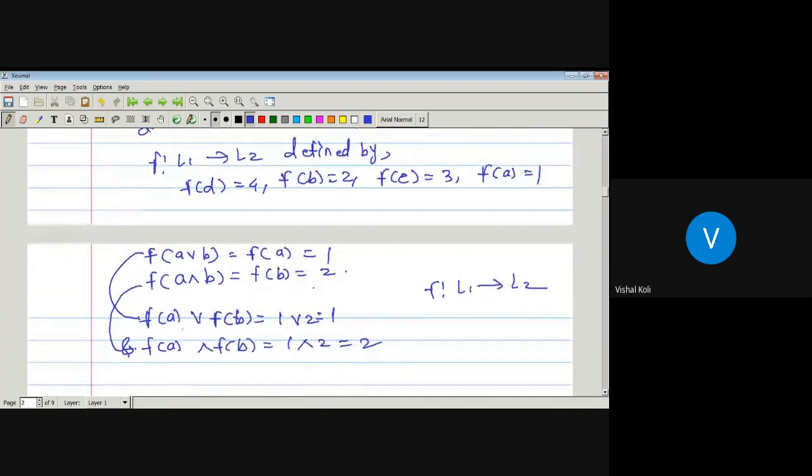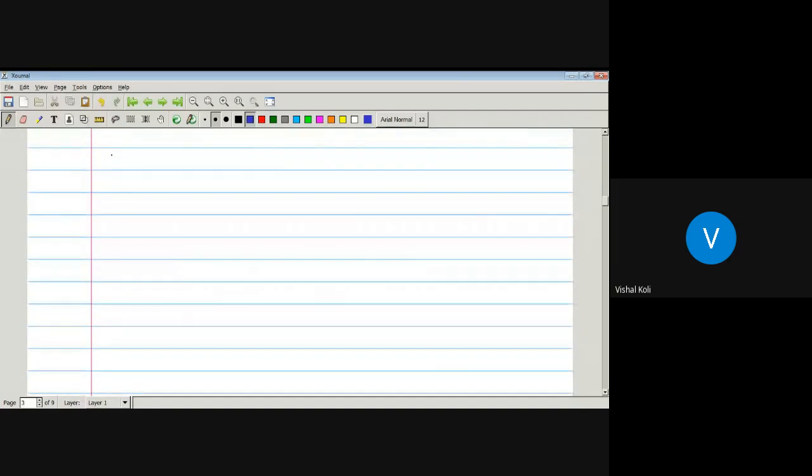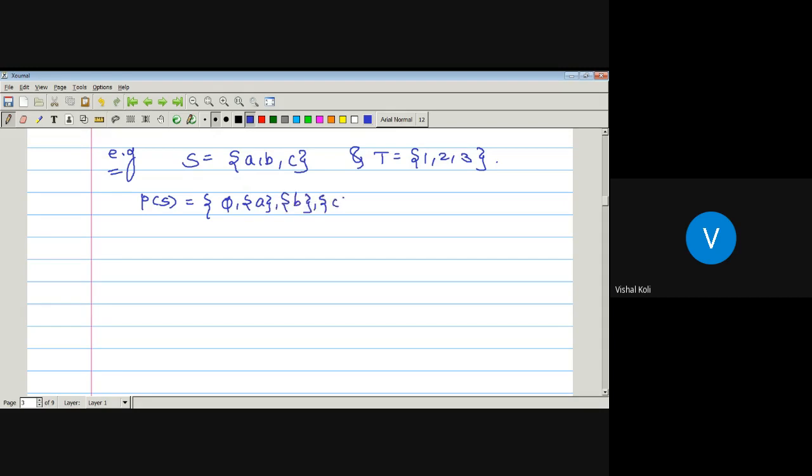Okay? For example, suppose S is a set which contains the elements A, B, C, and T is a set which contains the elements 1, 2 and 3. Now the power set of S contains 8 elements which are nothing but phi, singleton A, singleton B, singleton C, doubleton AB, AC, BC and ABC.